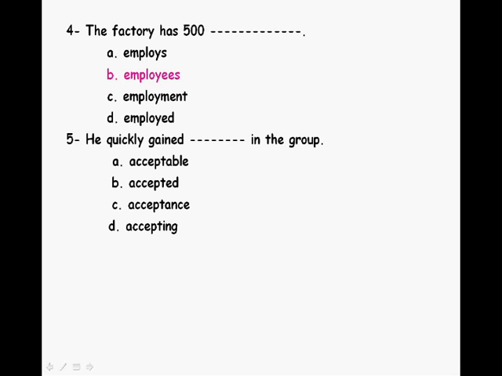Excellent. Number 5. He quickly gained in the group. A. Acceptable, B. Accepted, C. Acceptance, and D. Accepting.